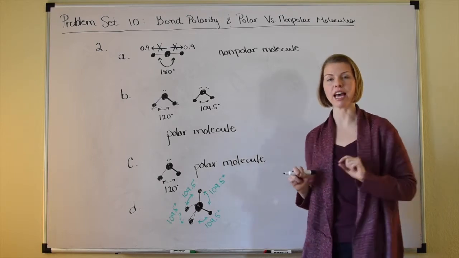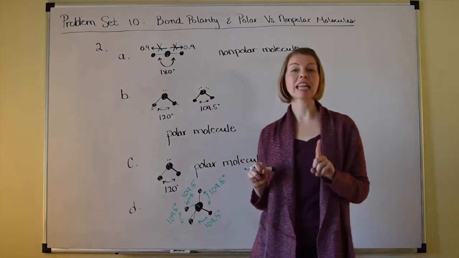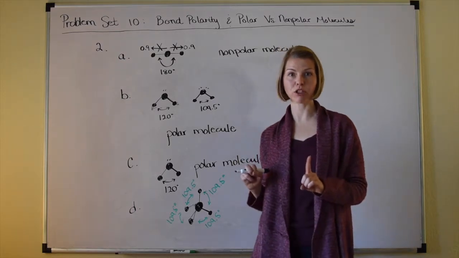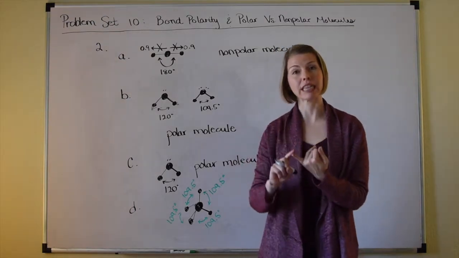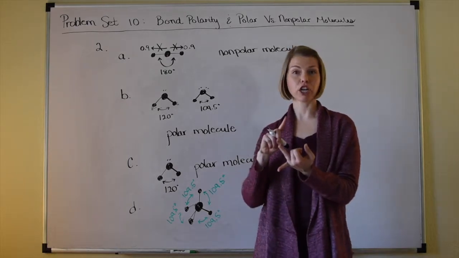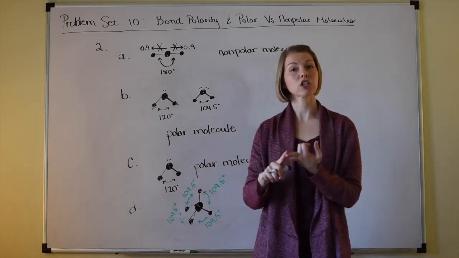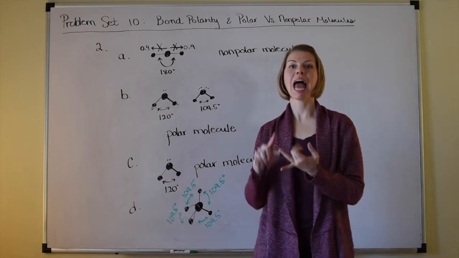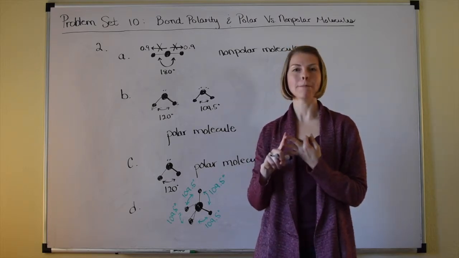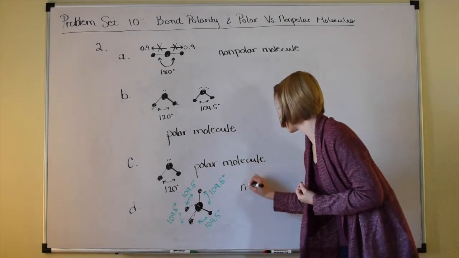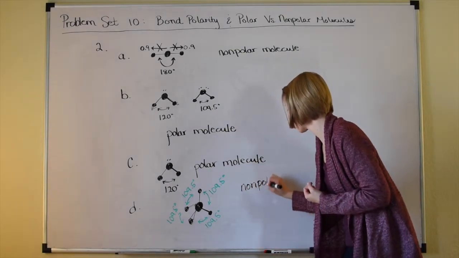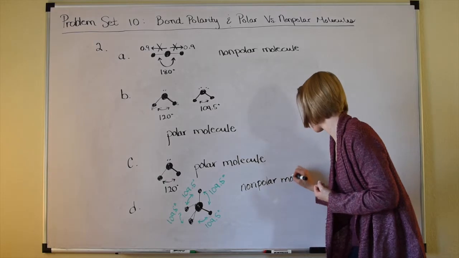And then we further said that this is going to happen anytime you have a molecular geometry where there are no lone pairs on the central atom. So that's going to be your linear molecular geometries, your trigonal planar molecular geometries, and your tetrahedral molecular geometries. So this is definitely going to be a nonpolar molecule.